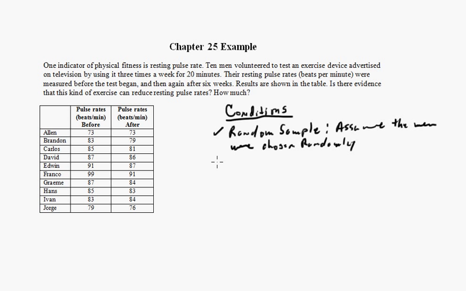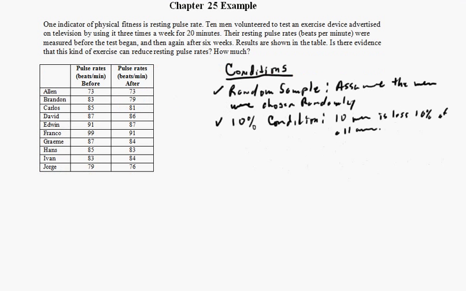It's not that important right now to go through this in great detail because there's other conditions that are more important. So the 10% condition, that shouldn't be too hard to justify unless we're on a stranded island, that 10 men is less than 10% of all men. Okay, so I think we're in good shape there.